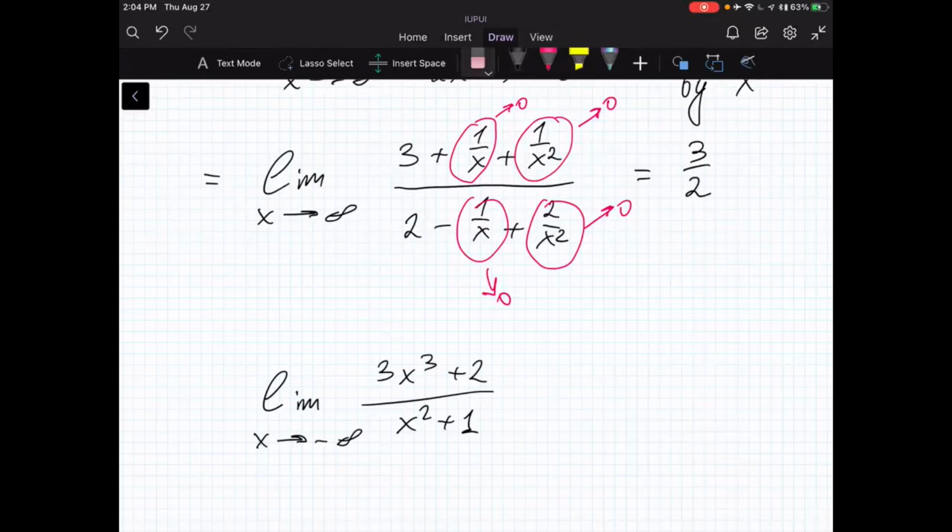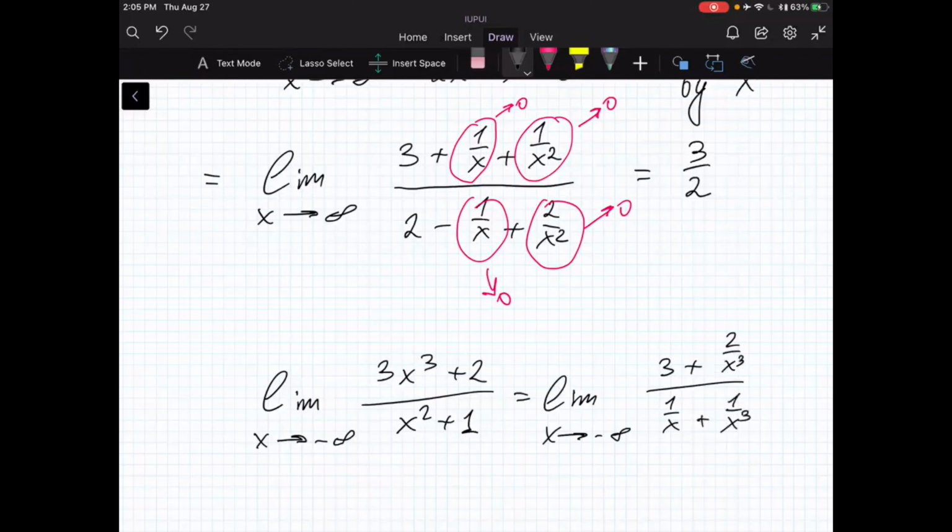If you do the same trick and divide by the highest degree of x, which is x cubed, you get the limit when x goes to minus infinity of 3 plus 2 over x cubed, over 1 plus 1 over x cubed.